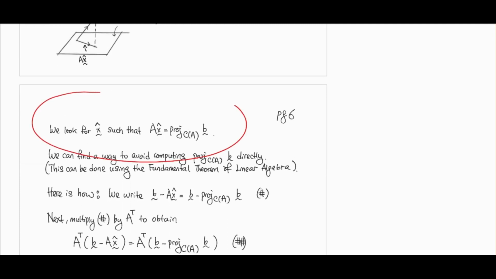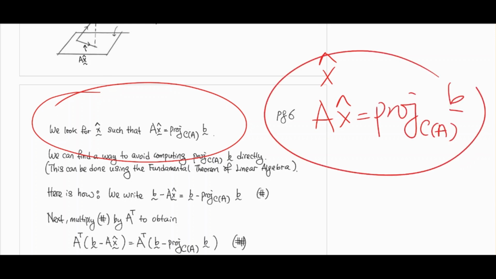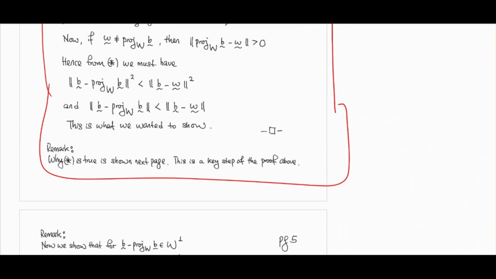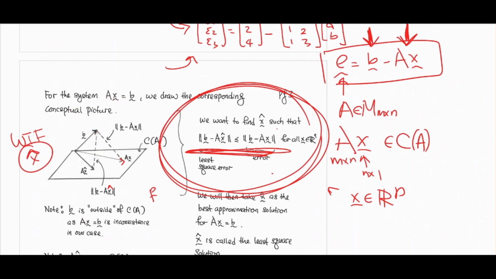So I just want to conclude here by saying that we want to find x hat, so that ax hat is our projection of b onto the column space of A. We want x hat because x hat right here will make b minus ax hat our minimum error, our least error.